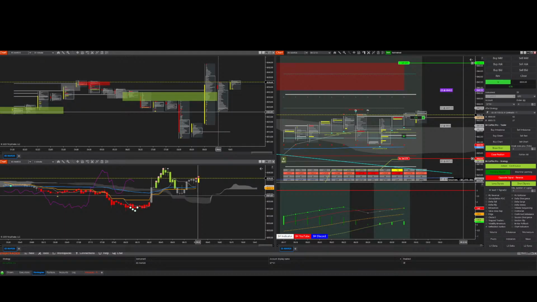So what I'm looking at, this is a level here, S1. And we had an unfinished auction. So there were people looking at that, and then one of the big boys stepped in and put a big order there.